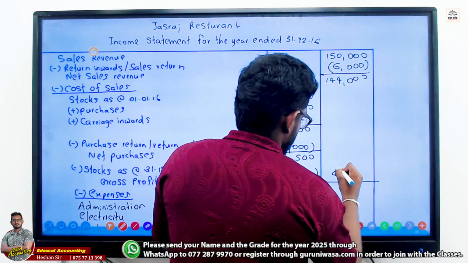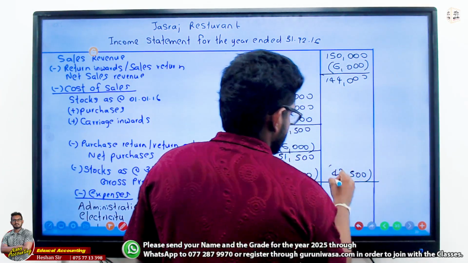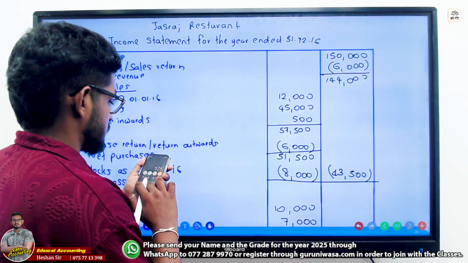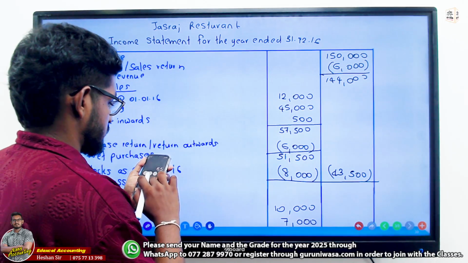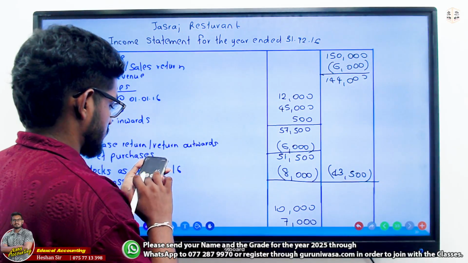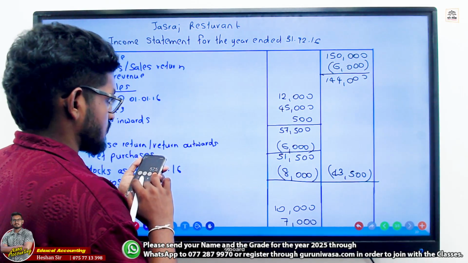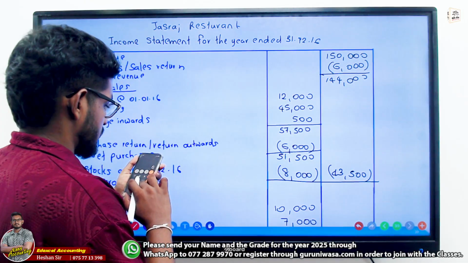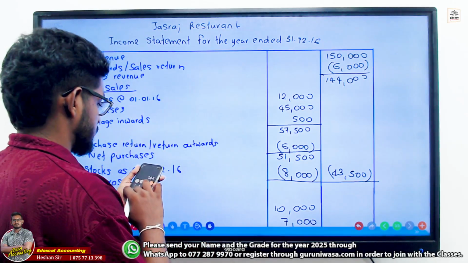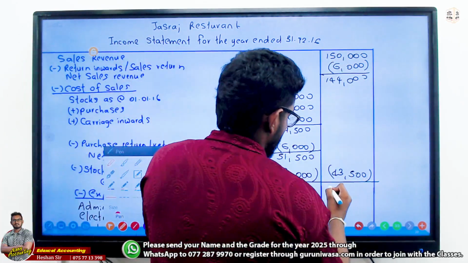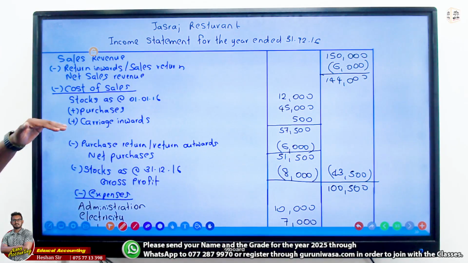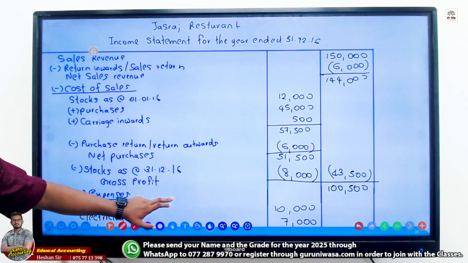So it's 43,500. Then once you deduct this one, 100,500. That is the gross profit. Just remember, purchase return and the closing stock we are deducting.